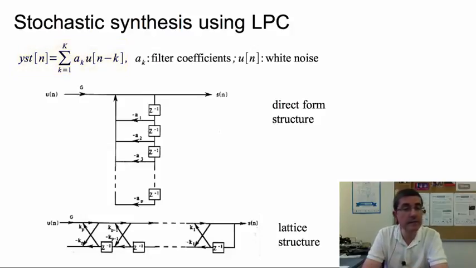The implementation of this equation can be done in different ways. For example, these two block diagrams are two different structures used to implement this type of filtering. The top one is called the direct form structure, and the bottom one is the lattice structure.